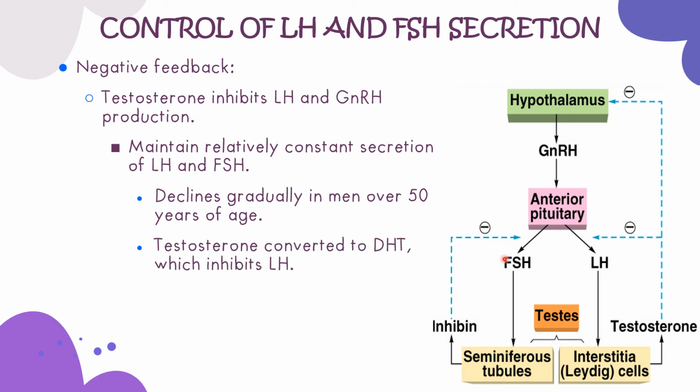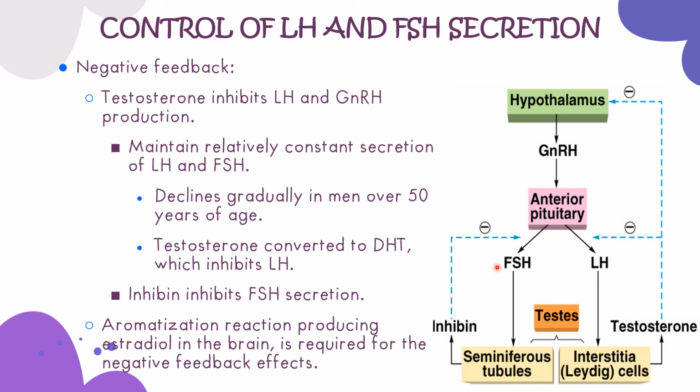Testosterone gets converted to dihydrotestosterone, which inhibits the luteinizing hormone. Inhibin inhibits the FSH secretion. The aromatization reaction producing estradiol in the brain is an essential step for the negative feedback effect.